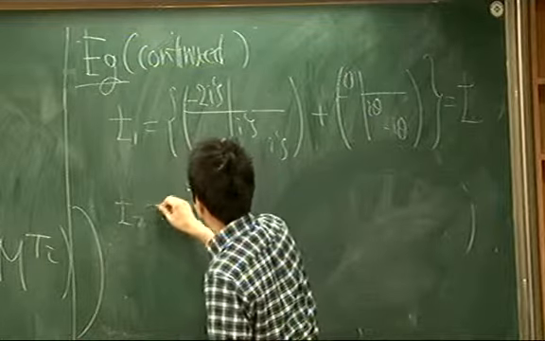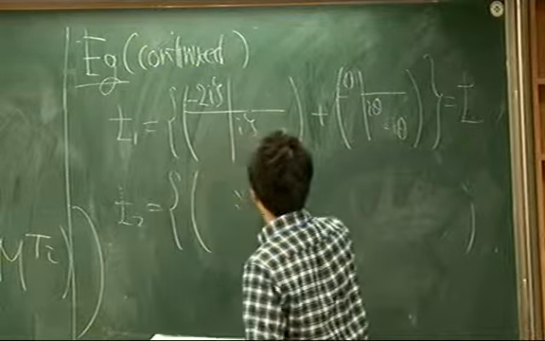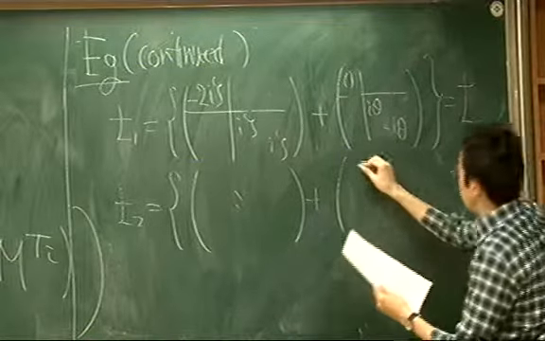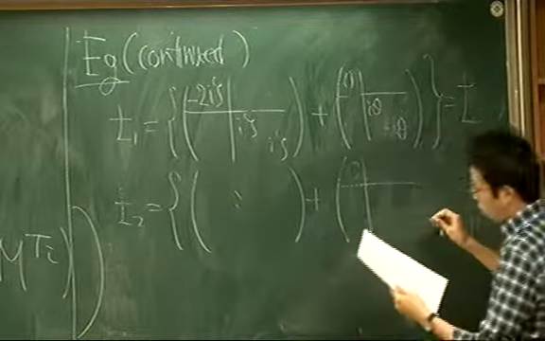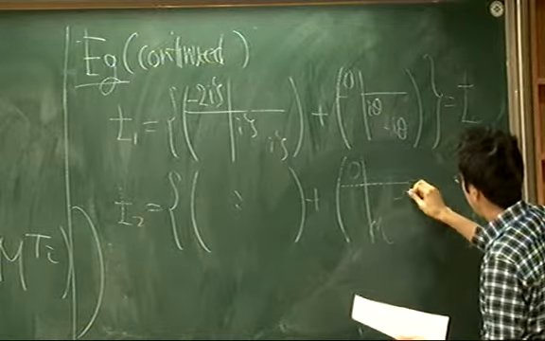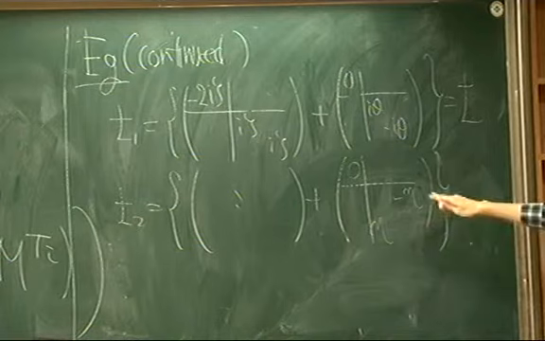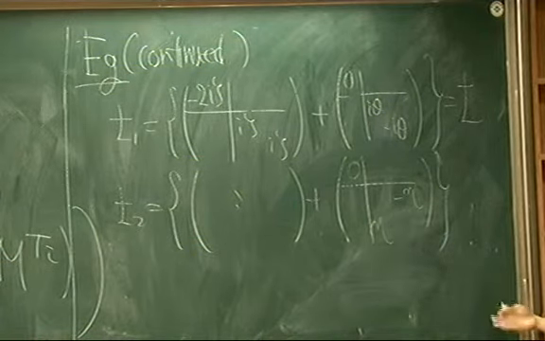And T2 is a two-dimensional abelian subalgebra, which is given by eta and minus eta. Similarly, eta and theta run over all real numbers.